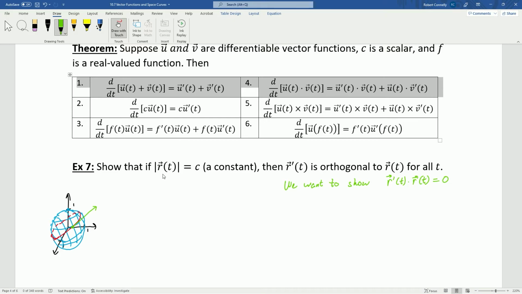Well, what do we know? We know that the magnitude of r of t is c. And what else do we know about that? Well, we know that the magnitude squared of r, not r prime, is the dot product of r with itself.